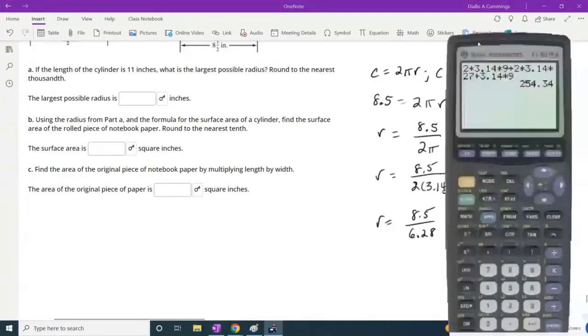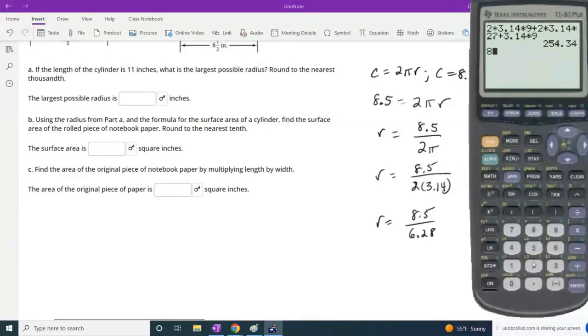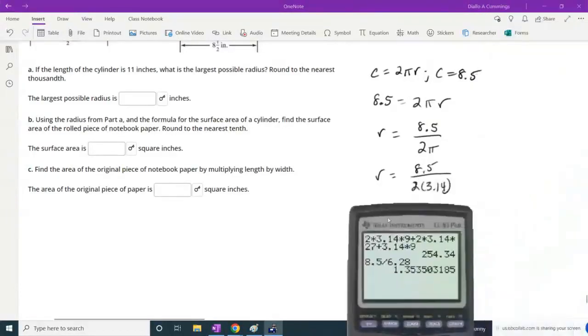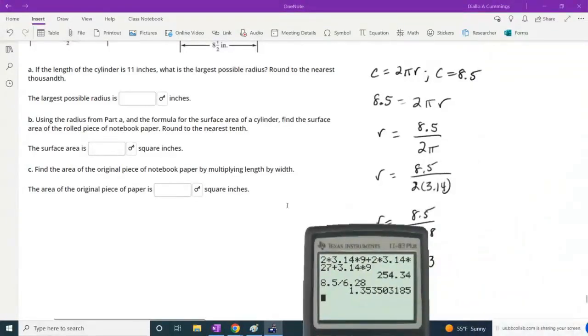And if I divide the two, 8.5 divided by 6.28, I get 1.353. So the radius is 1.353, right? If we round to the nearest thousandth. Okay. So that is the largest possible radius, right? And that's A.